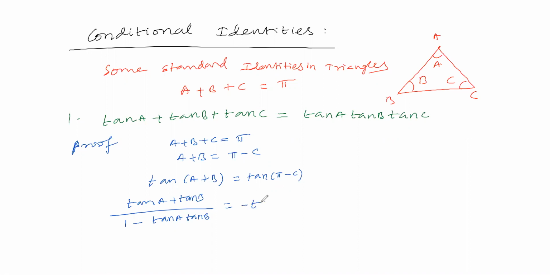So minus tan C. Now see here, the denominator term, you take to the right side. Tan A plus tan B is equal to minus tan C into 1 minus tan A tan B.